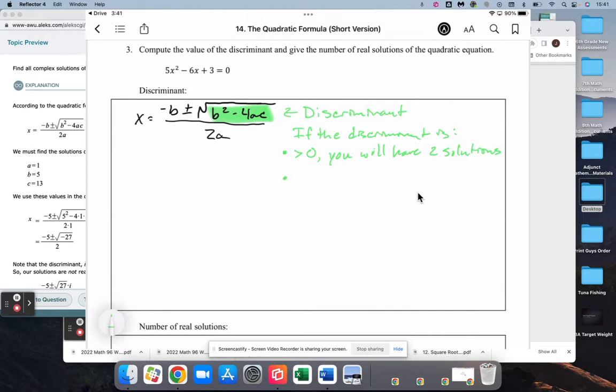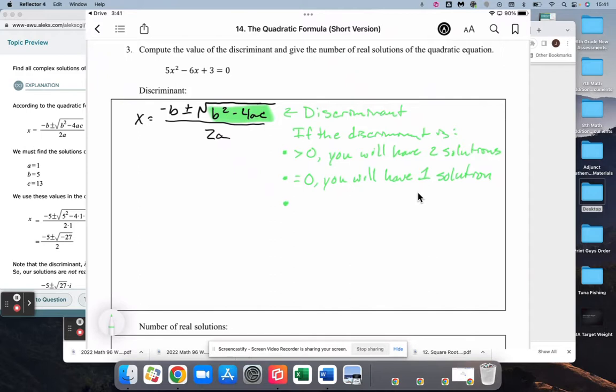If the discriminant is equal to 0, you will only have 1 solution. Because if that stuff inside the square root symbol is equal to 0, 0 only has 1 square root. There's no such thing as positive 0 and negative 0. There is only 0. And so the solution would end up being just 1 solution, because what would come out of that square root symbol would be a 0.